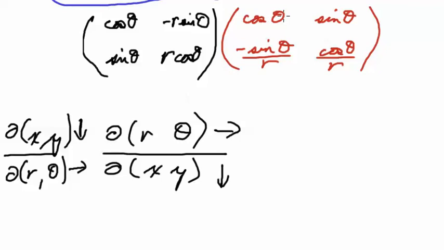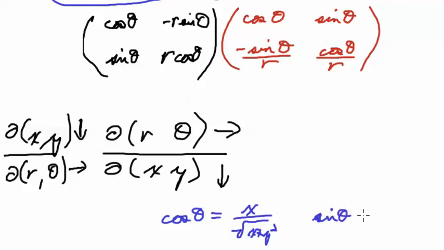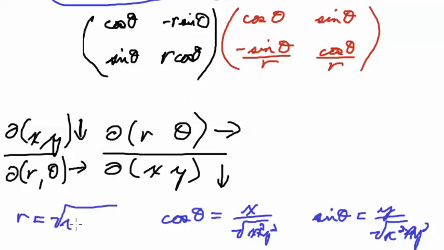I'm going to replace cosine theta with x over square root of x squared plus y squared, and sine theta with y over square root of x squared plus y squared. And I'm going to replace r with square root of x squared plus y squared.